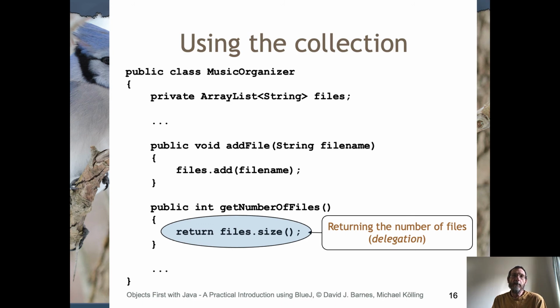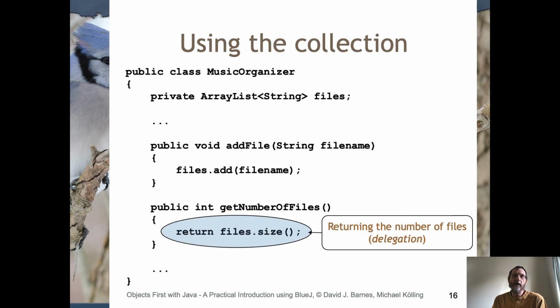So what the get number of files method does is it uses a process called delegation. And delegation means it can't answer the question itself, but it hands the question on to a different object to answer for it. So in this case, what the getNumberOfFiles method does is it asks the ArrayList object, what's your size?